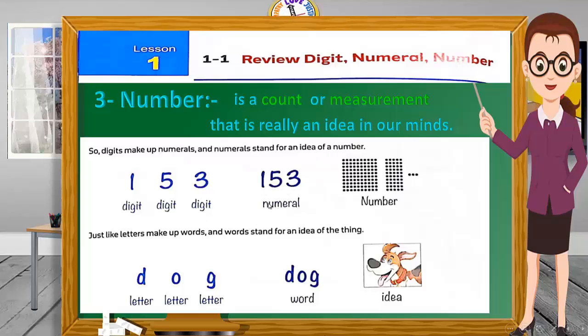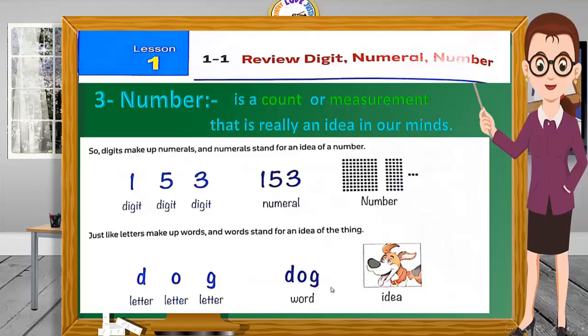This numeral is 153. But look here, 153 means in your mind a block of 100 cubes, a block of 50, and 3 cubes. This is in your mind. This is a number. If you see here the letters, we have 3 letters.